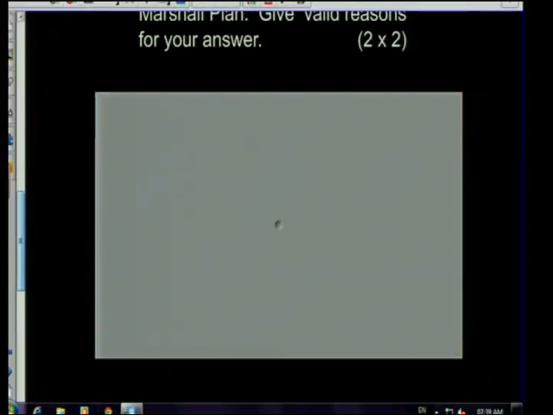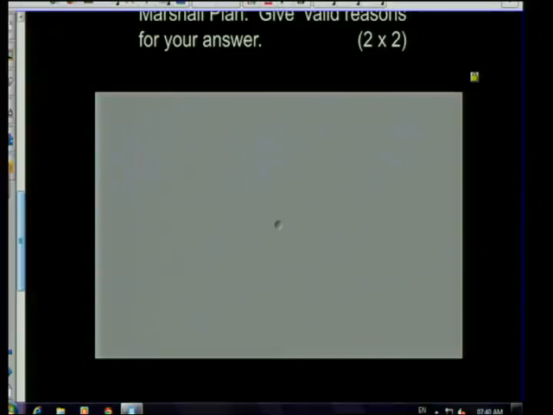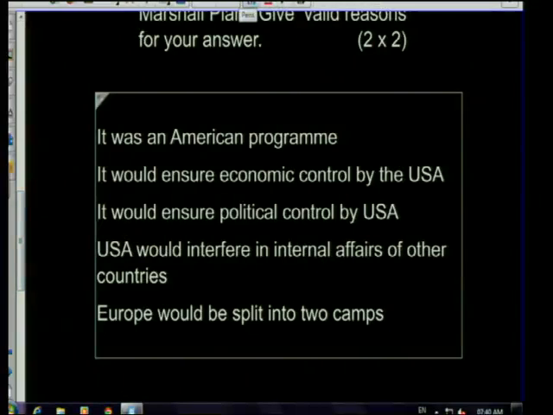Now, we've already read the source and we know that he was criticizing the Marshall Plan, but now the question is why? If you look at the possible answer there, it's because it was an American program. We know that because the Cold War was this war between the two ideologies, communism and capitalism. And also, it would ensure economic control by the United States.